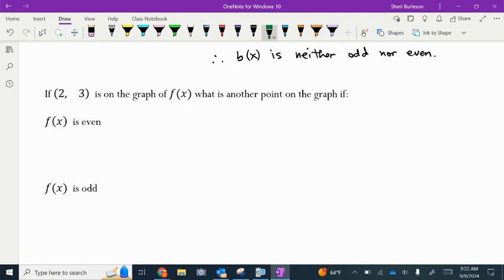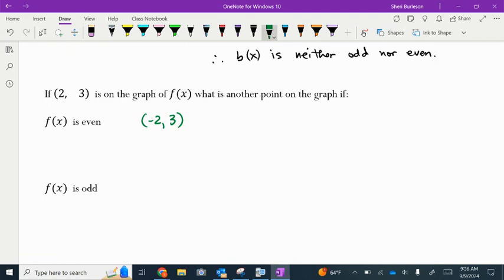Somebody I haven't heard from yet. Any idea? Another point on the graph if f of x is even. Eric. -2, 3. The x value is opposite, but the y value would be the same, right?